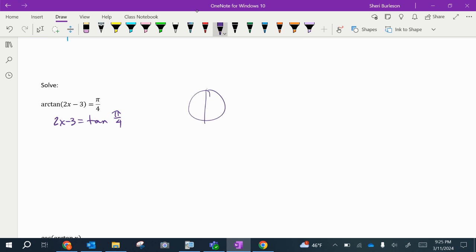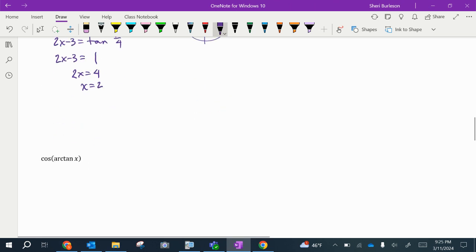And tangent of pi over 4 is root 2 over 2 over root 2 over 2, so that means 2x minus 3 is 1. Tangent of pi over 4 is 1. So 2x equals 4, so x equals 2 is my solution to that inverse trig function equation.